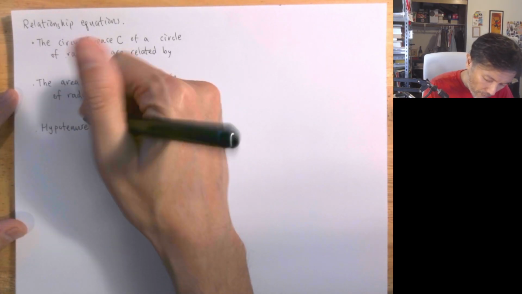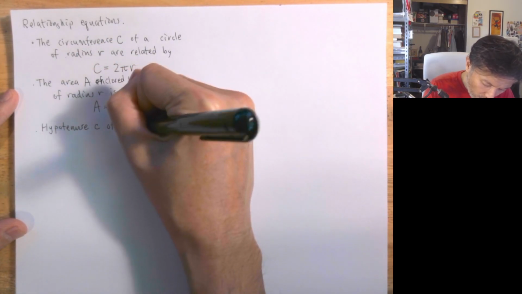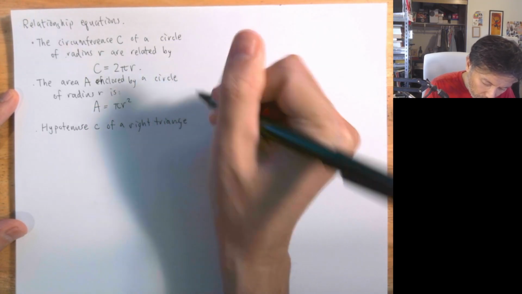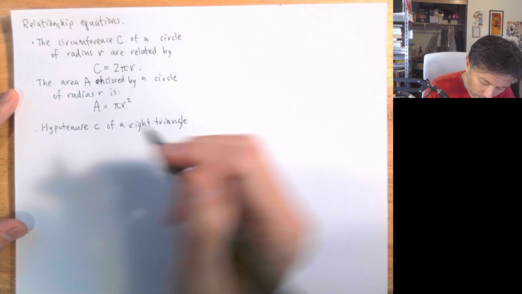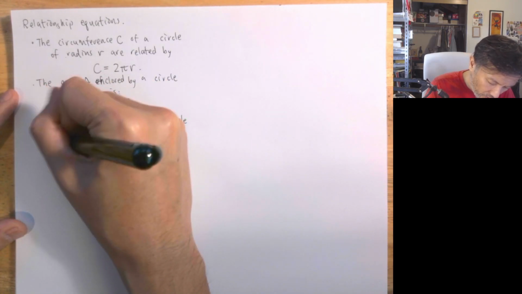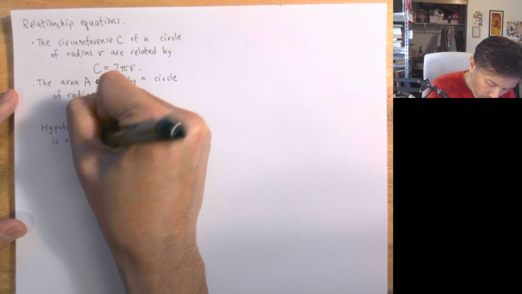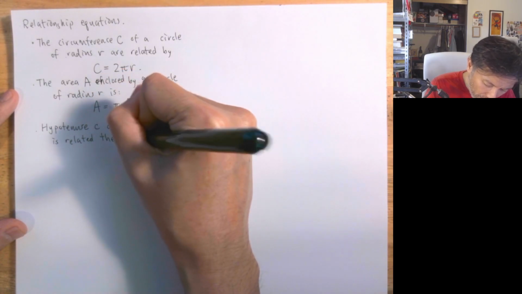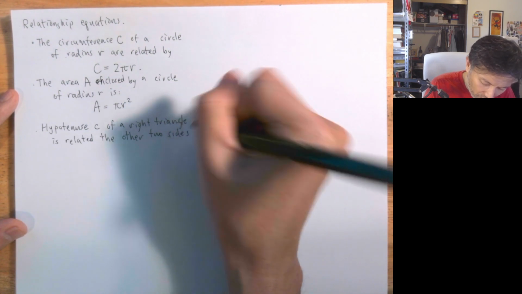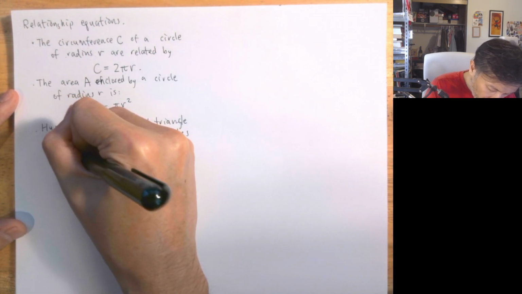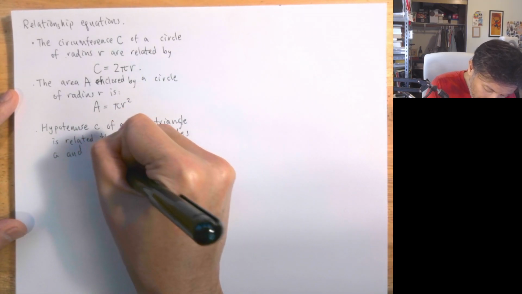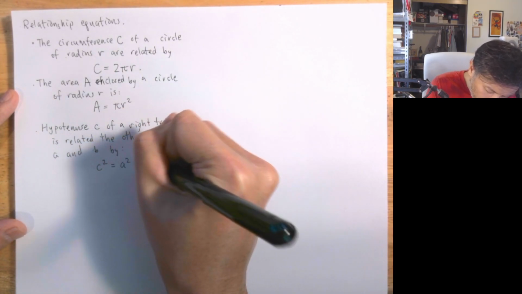Hypotenuse C of a right triangle, that's how you spell triangle, like that with an L, is related to the other two sides, A and B. Again, the length of the other two sides, by c squared is equal to a squared plus b squared.